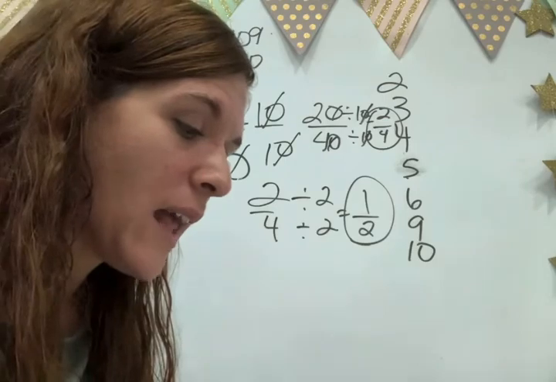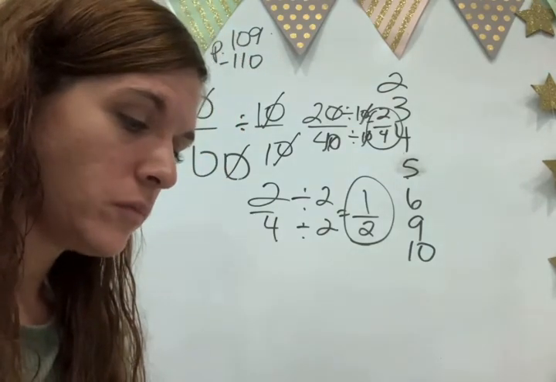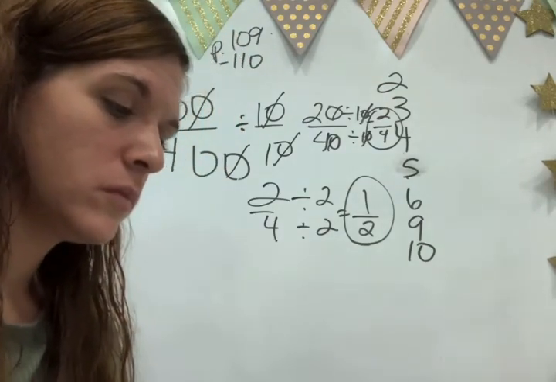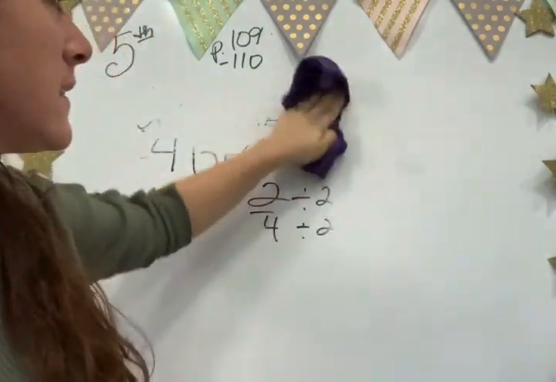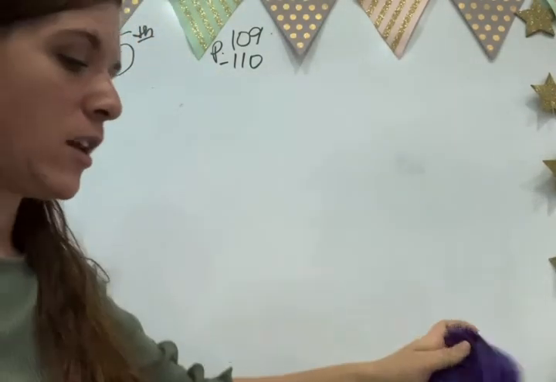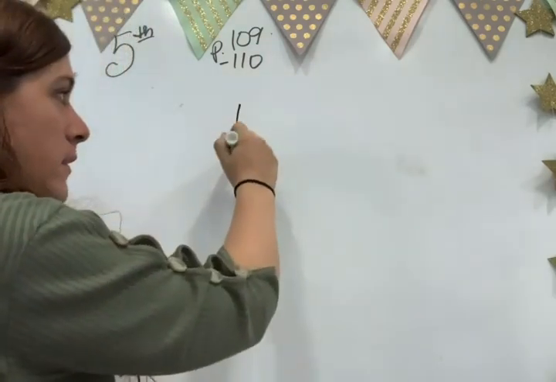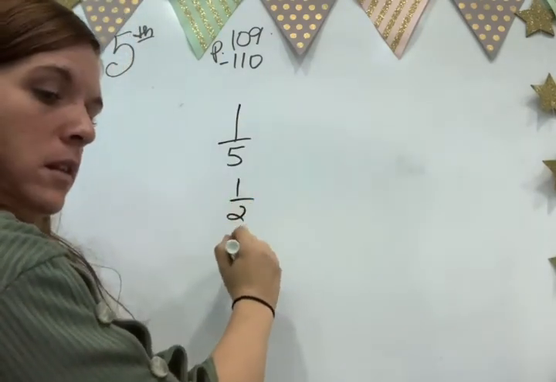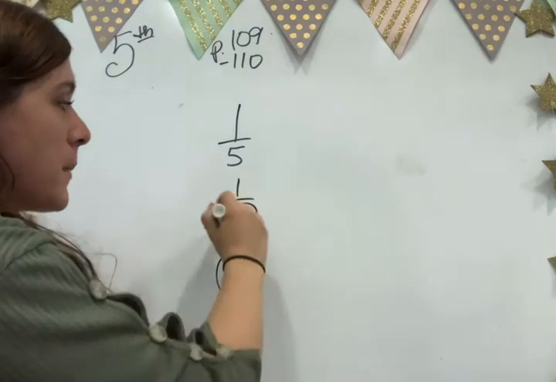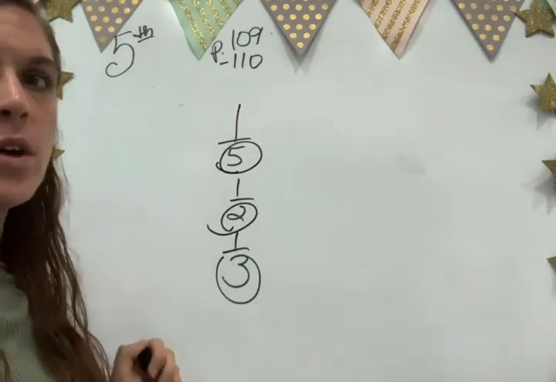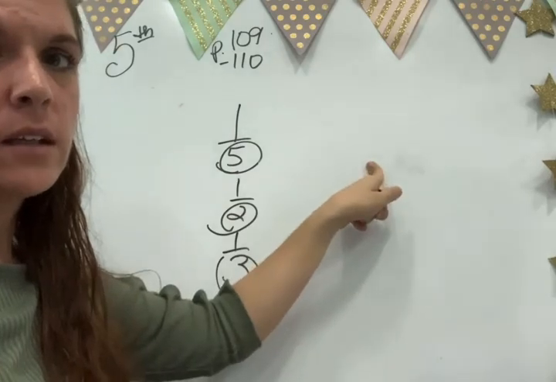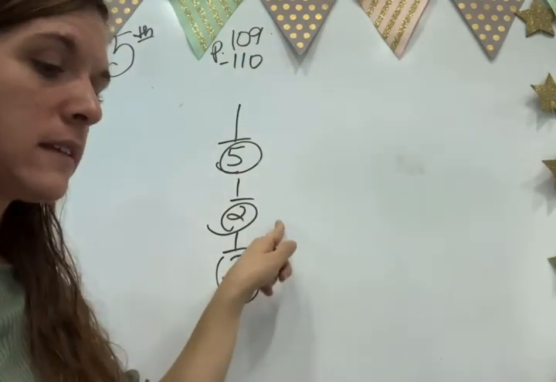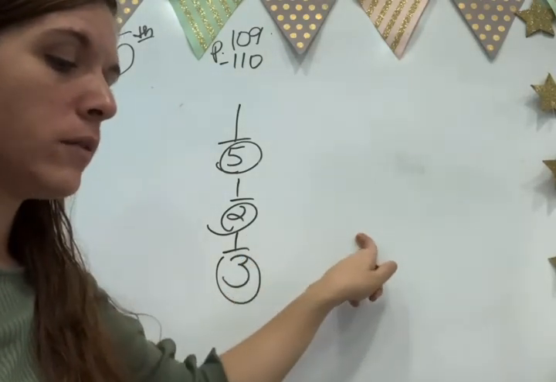Look down at number 11. Number 11, just all you're doing is finding your least common denominator. And you're like, what are you talking about, Miss Jessica? You're finding your least common denominator, okay? Well, let's think about it. 5, 10, 15, 20, 2, 4, 6, 8, 10, 12, 14.